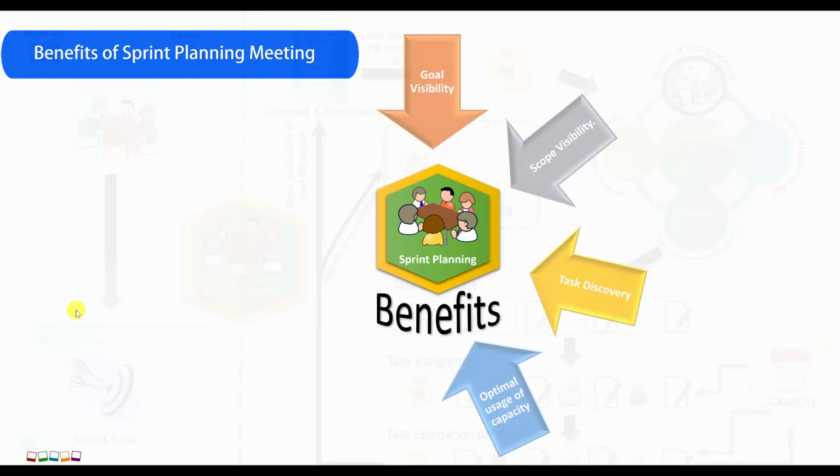Then you can make optimal use of your capacity. Whatever capacity you have planned, you are aligning the tasks with the capacity, and stopping your sprint planning for further commitment of new stories once your tasks are committed. In that way you will be able to visualize the total task that you had and how much you have committed, and optimize the use of your capacity.